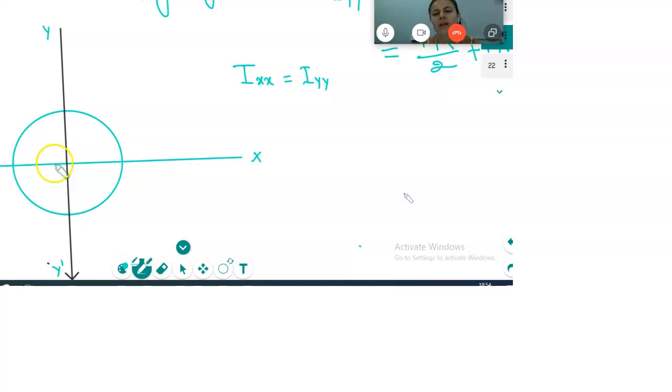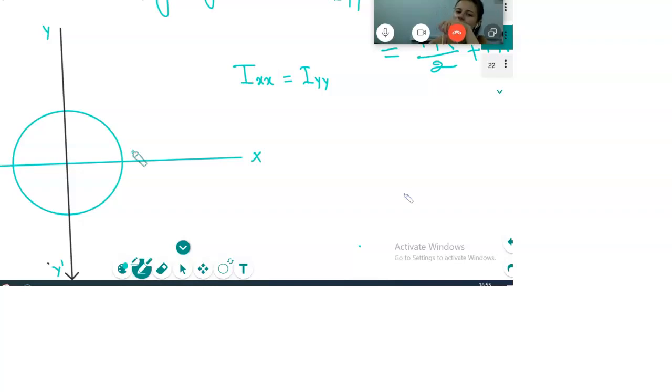Now these two axes are lying in the plane of the disc. This is the plane of the disc. Am I right? These two axes are lying on the plane of the disc. Now one axis is there, the Z-axis, perpendicular to these two axes.